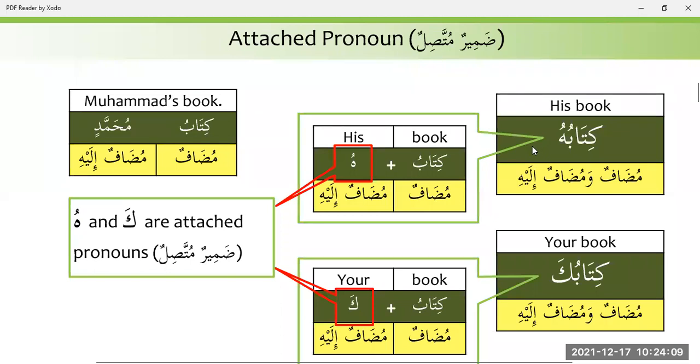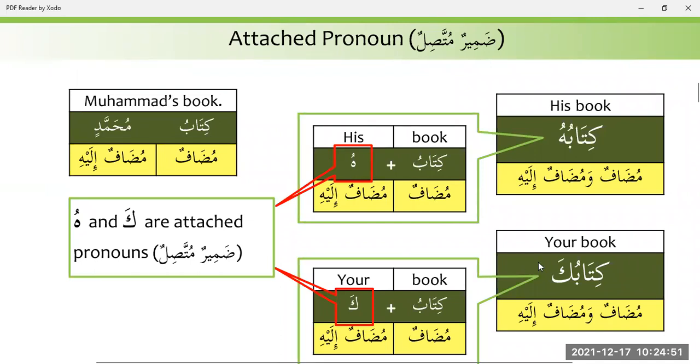So when we attach, it will be in this form, and they will be mudaf ilayh. We have learned about the mudaf and mudaf ilayh. Kitabuhu, his book. Kitabu is mudaf, and hu is mudaf ilayh here. Kitabuka, your book. Kitabu is mudaf, and ka is mudaf ilayh.